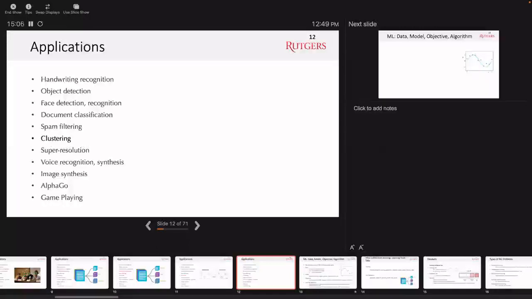And another application is image synthesis. The stable diffusion model that I talked about at the beginning of the lecture belongs to image synthesis. And you're familiar with it. Basically, one way to do it is that you give the program a sentence, and the program will generate an image corresponding to that sentence.